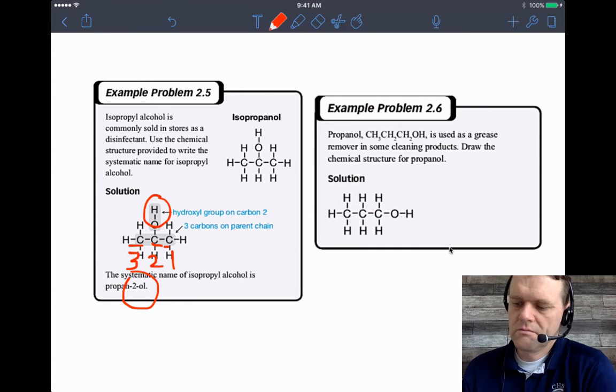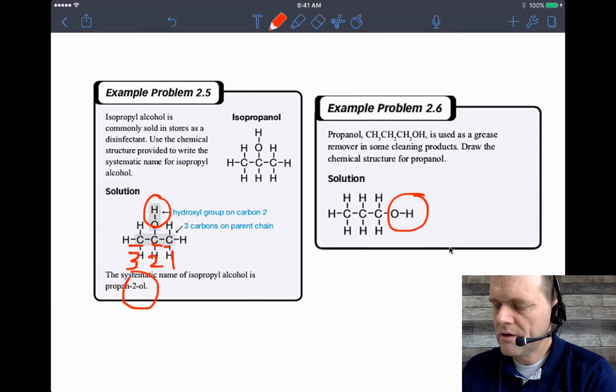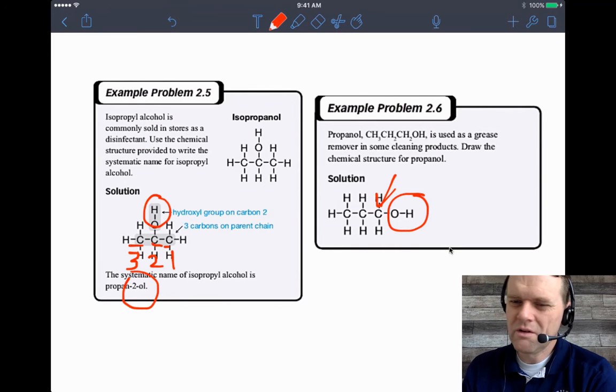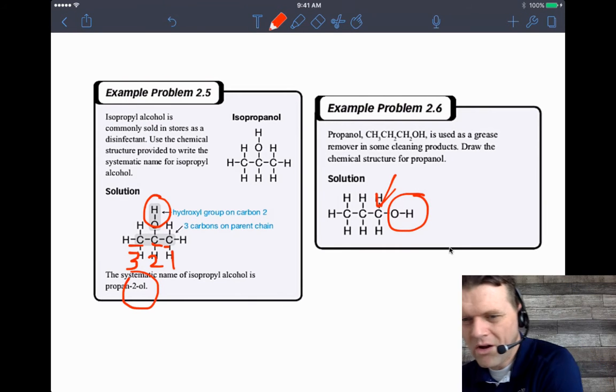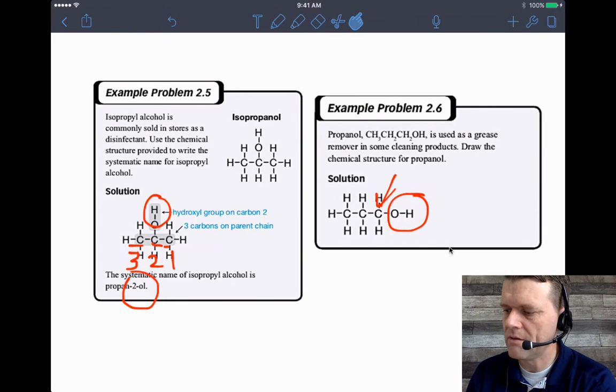Simply stated, that's propan-2-ol. Jumping over to this example, if we put it on the end now, instead of being at position 2, it's at position number 1. You don't really need to say propan-1-ol, I guess that's just the convention. So this one's simply called propanol.